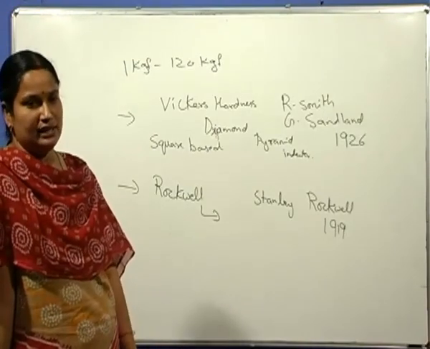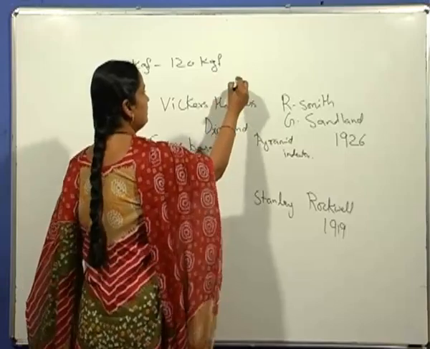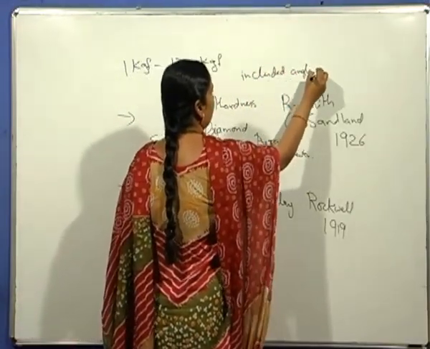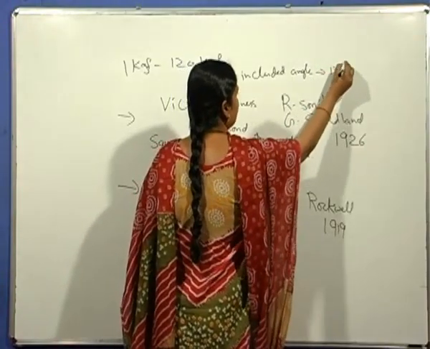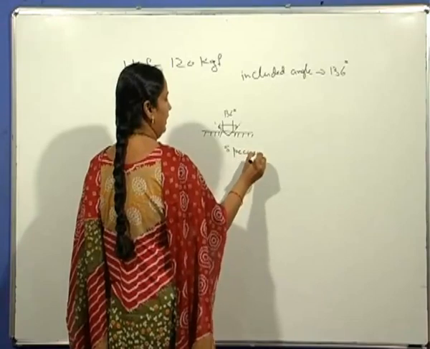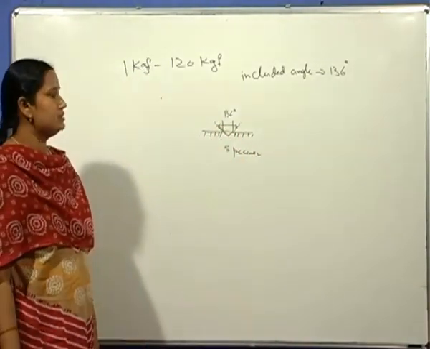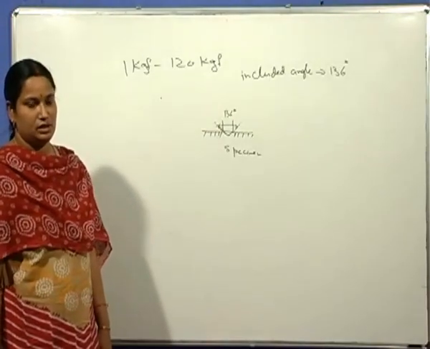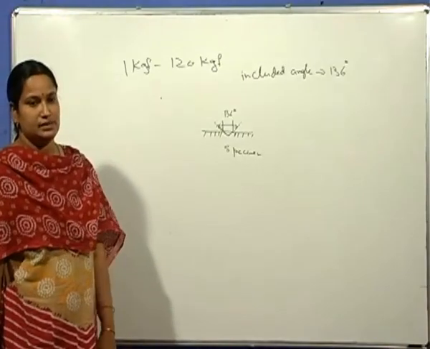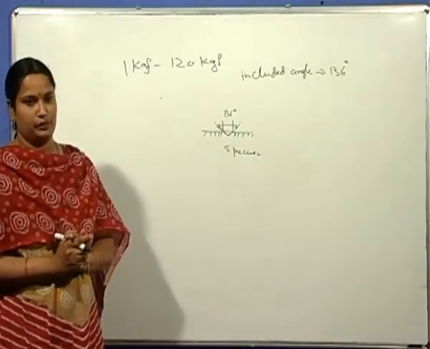The included angle between the diagonals is about 136 degrees. This is the specimen and the indenter. The reason for using this angle is that Brinell hardness varies with load.